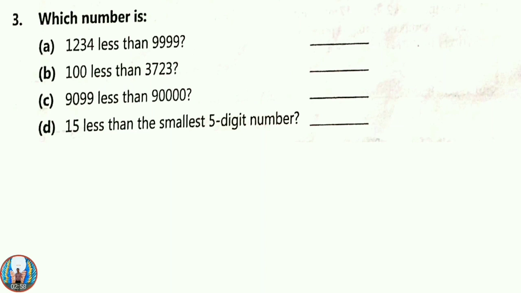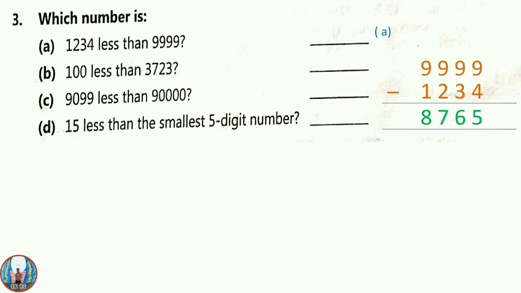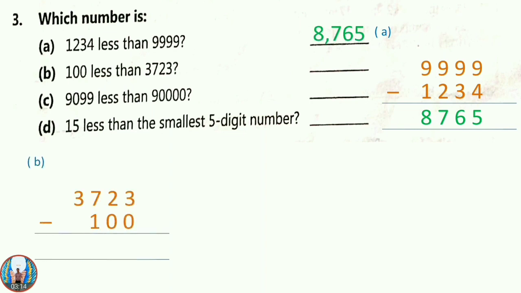So we will write the bigger number on the top and the smaller number on the bottom, and we will subtract this way. 9,999 minus 1,234 is equal to 8,765. In the second question, 3,723 minus 100 equals 3,623.